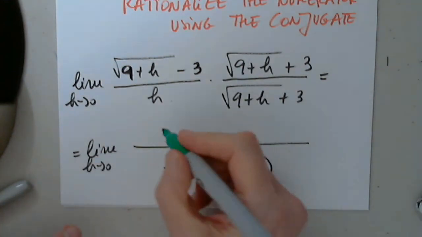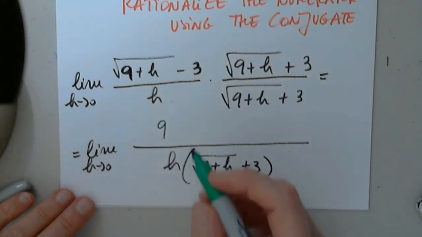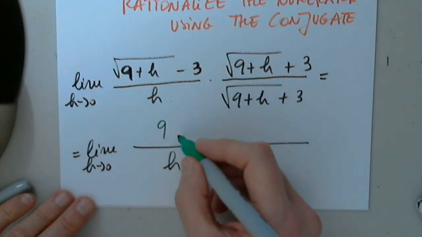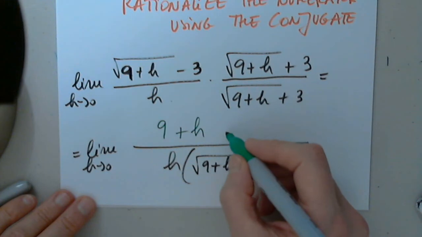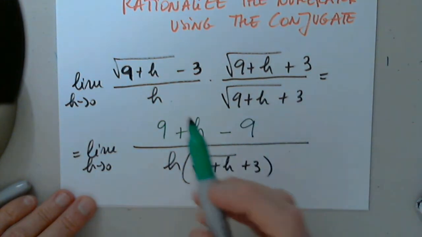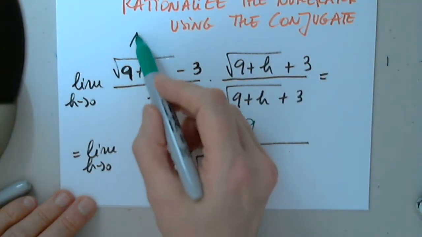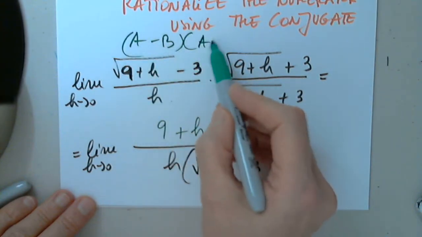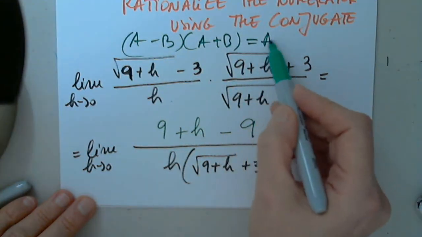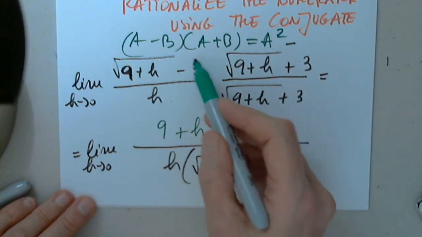Nine. That's it? That's h. Minus 9. That's it. So a minus b, thank you, Sean, times a plus b equals a squared minus b squared.